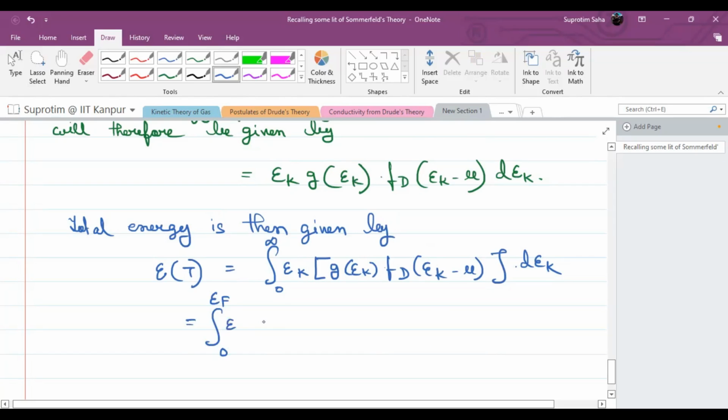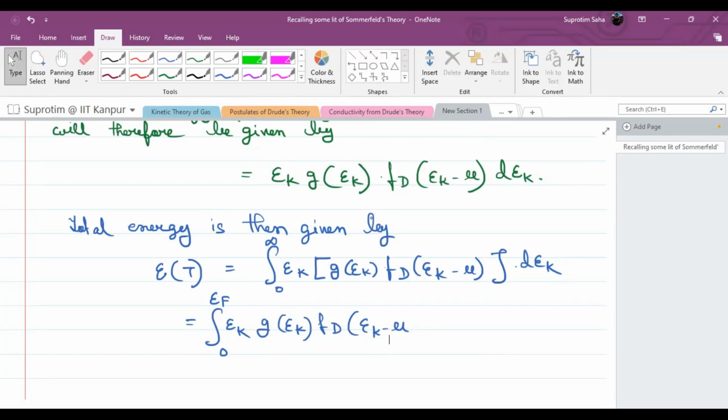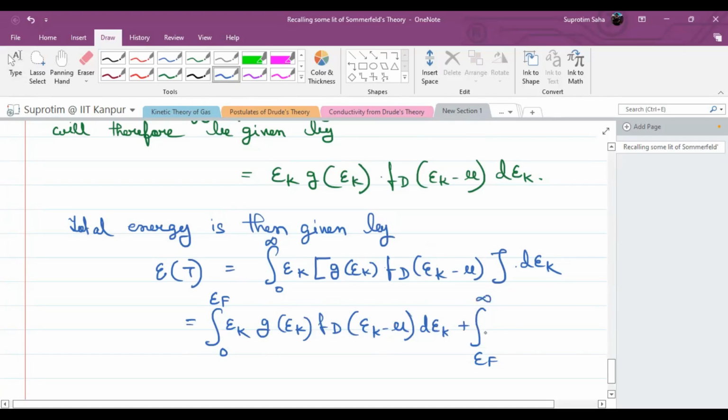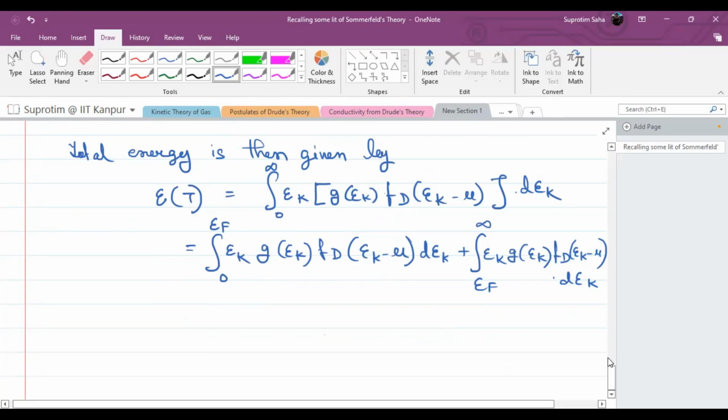This is Ek, this is g of Ek, this is Fermi-Dirac of Ek minus mu, d of Ek, plus the integral from Ef to infinity of Ek, g of Ek, Fermi-Dirac of Ek minus mu times d of Ek. All right, we just split it into two integration intervals.